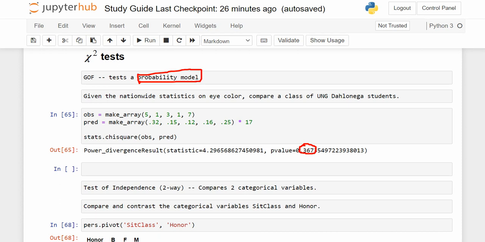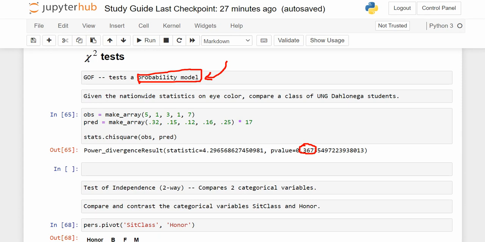Okay, usually we're trying to reject the null. Usually the research conclusion is the alternative hypothesis, and usually we want to reject the null and get a good research conclusion. But in this case, we actually want to fail to reject. Why? Well, if we reject the null, we're rejecting the idea that the probability model works. Okay, so we reject the null, we reject the probability model.